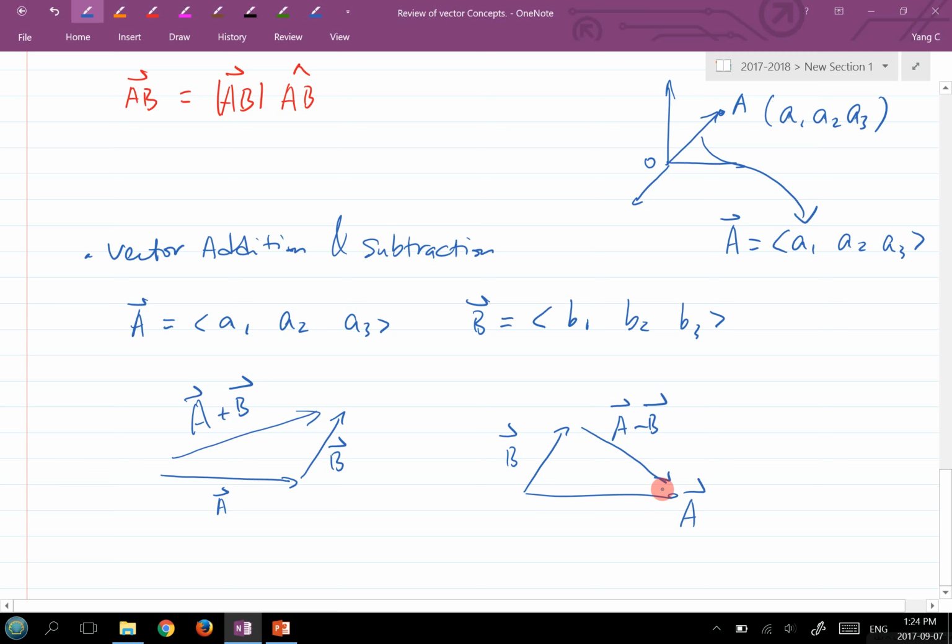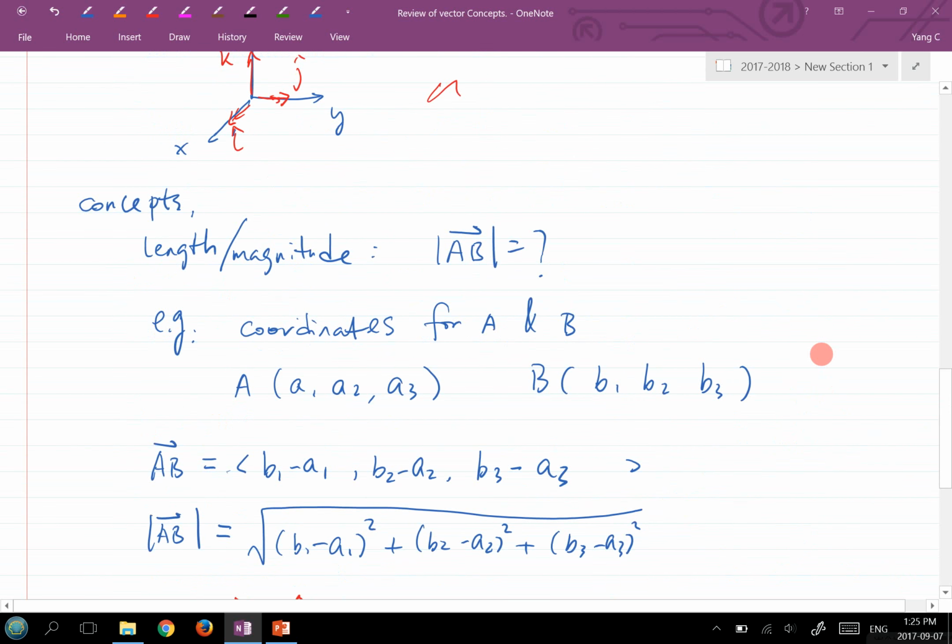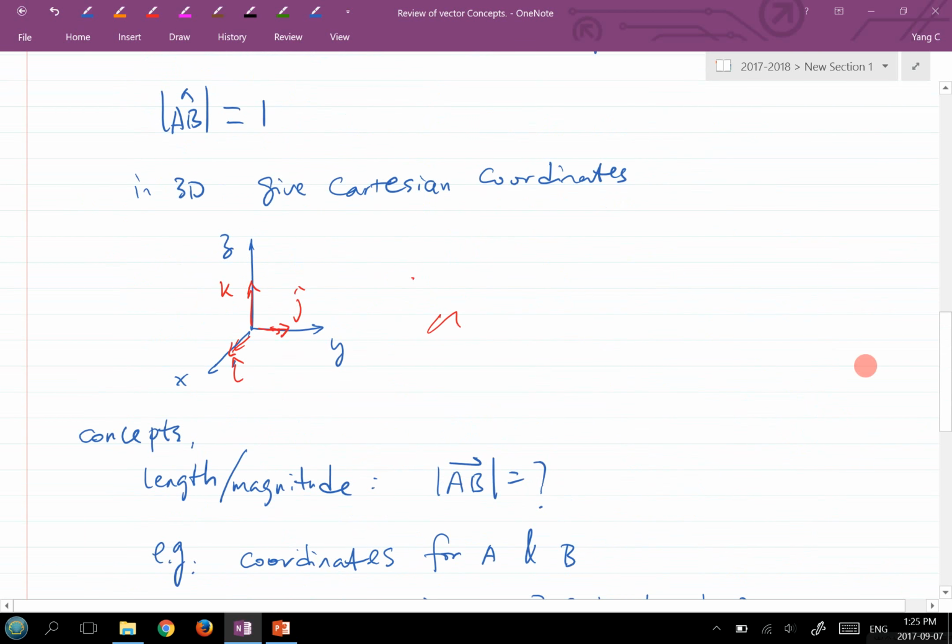So that's how you use the so-called head-to-tail rule to do subtraction and addition. I think that's pretty straightforward.